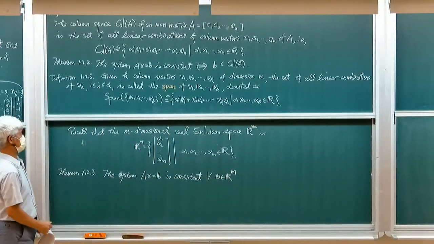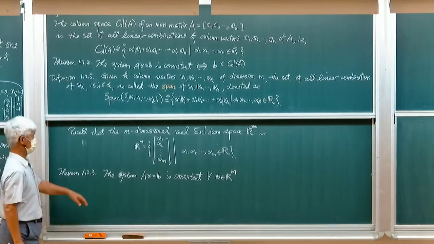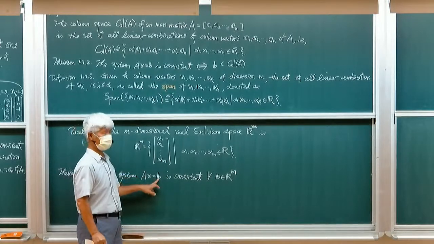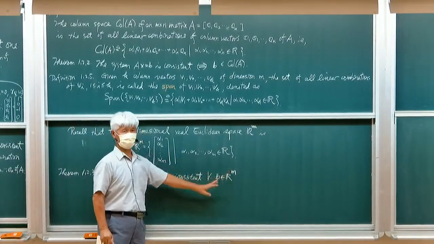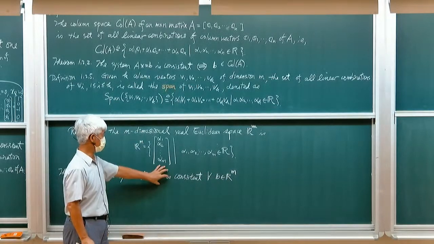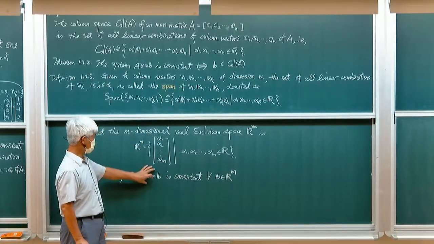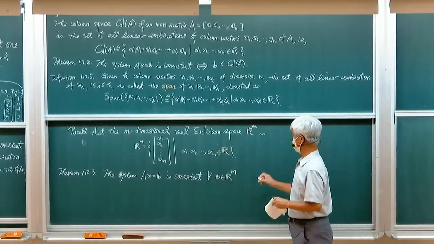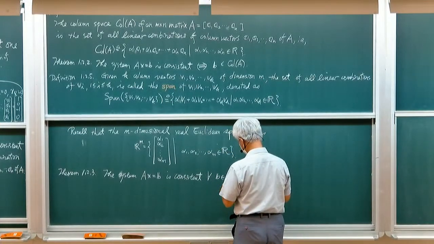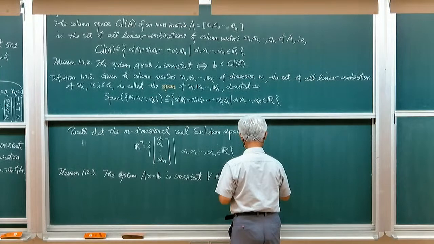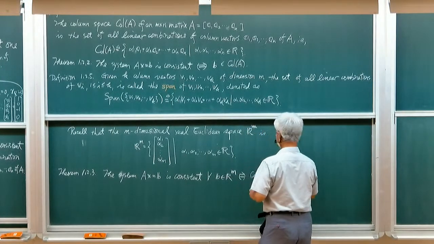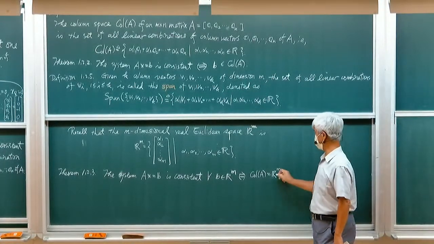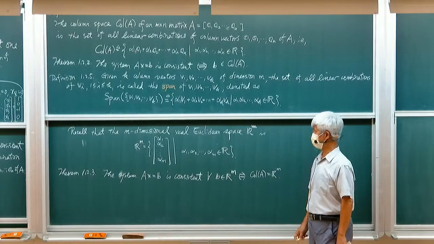Okay, so A is given, of course, the coefficient matrix, and if we pick B from R^m arbitrarily, such a linear system is consistent. If this is true, then if and only if the column space of A is equal to the m-dimensional Euclidean space. Okay, so it gives you a necessary and sufficient condition.